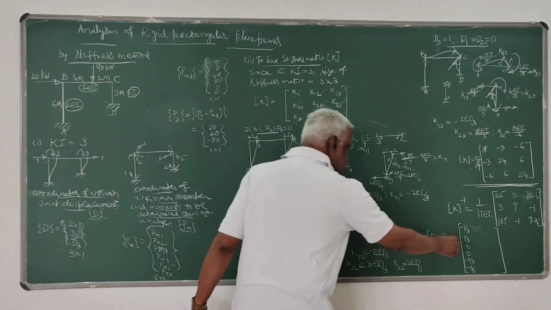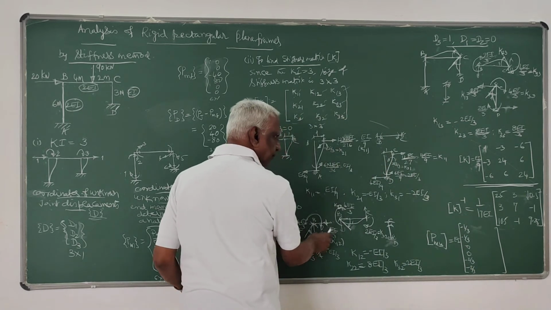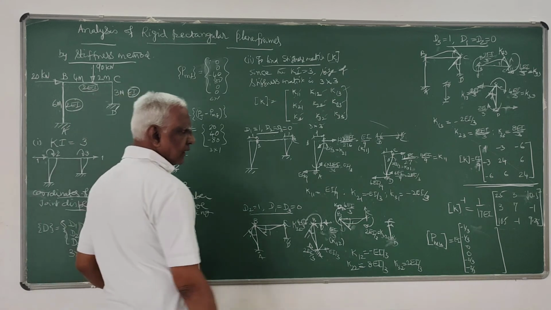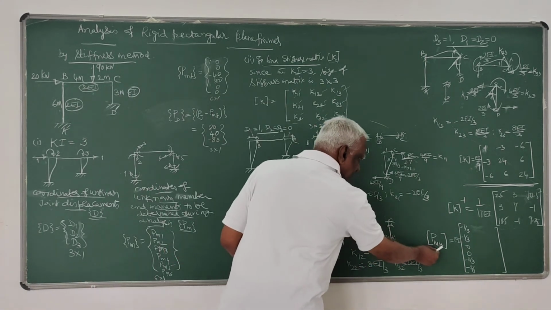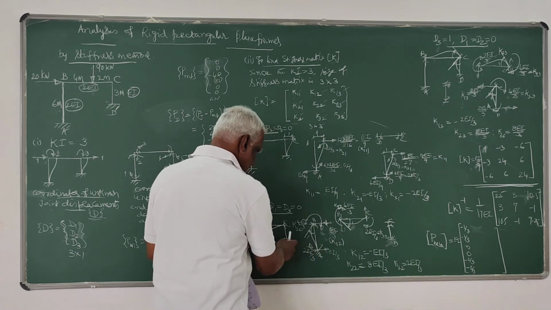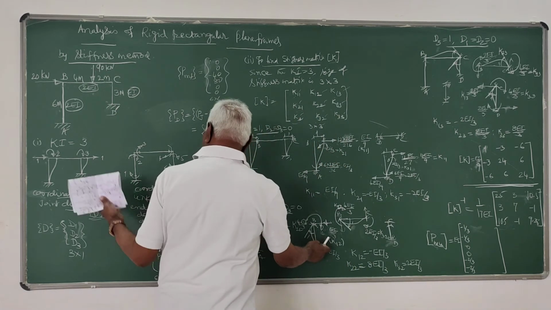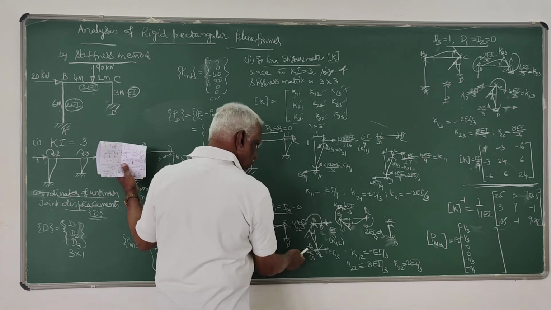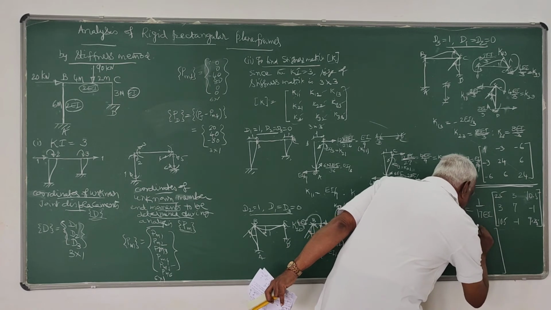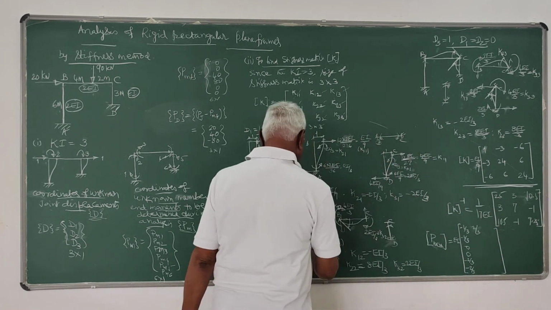Similarly, when unit displacement is given along 2, the forces developed corresponding to these PMs, you can work out. Unit displacement given along 2, the corresponding PMs: this PM1, that is 2 by 3 clockwise only, so this is 2 by 3 clockwise.